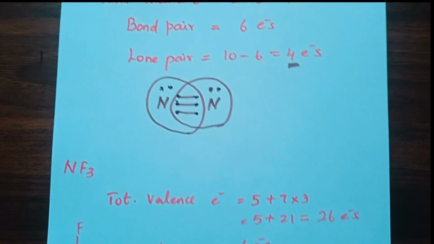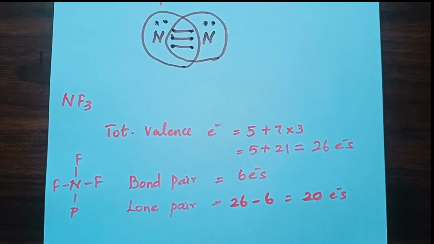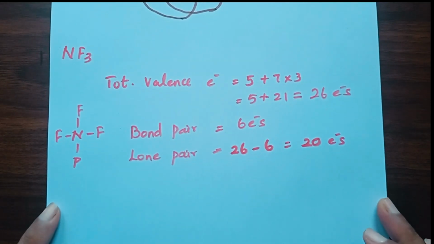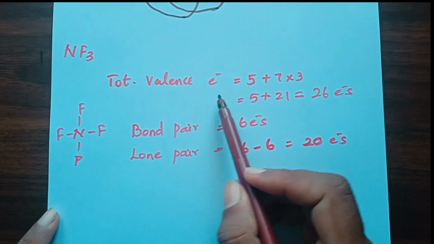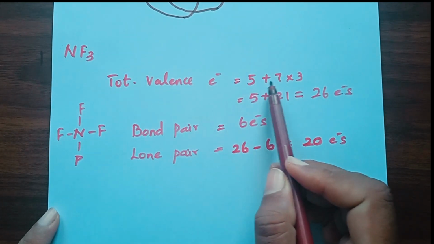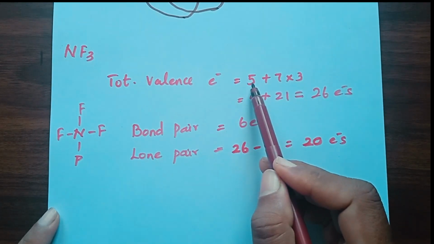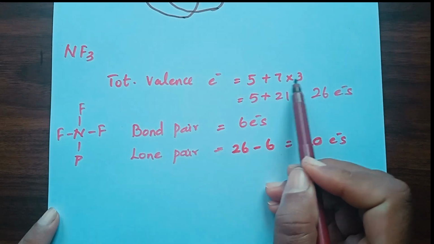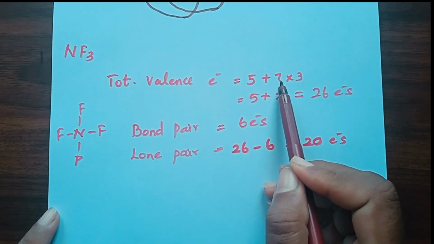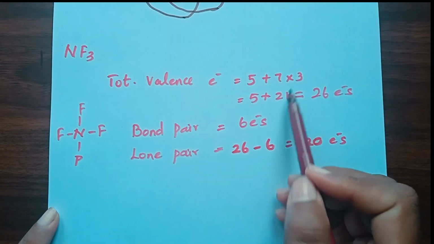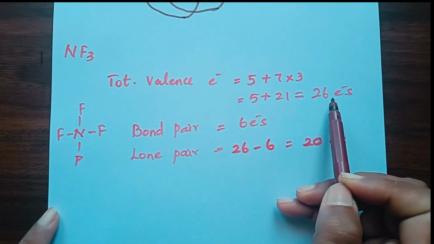Now we go for the next example, NF3. In NF3, the total valence electrons is 5 plus 7 into 3. 5 is the valence electron for nitrogen, and for fluorine there are 3 atoms, so 3 into the valence electron for fluorine, which is 7. So 5 plus 7 into 3 is 21... so totally 26 valence electrons.